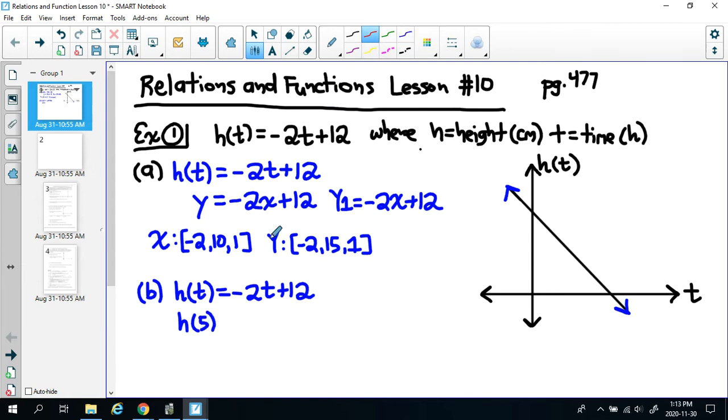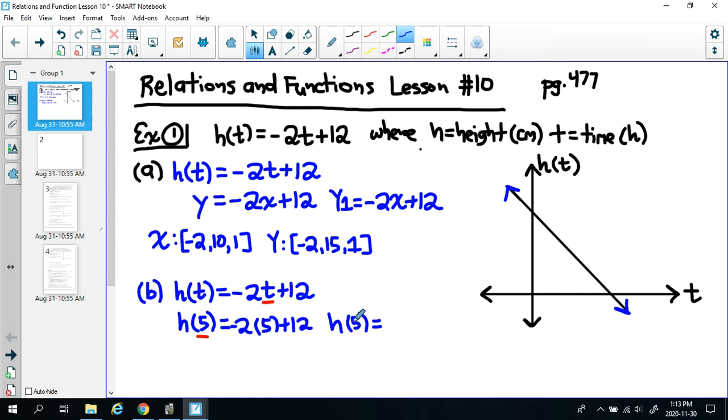So what h of 5 means is in the place of t, you're going to replace the t with a 5, and we're just going to evaluate this expression. So this would then be equal to -2 multiplied by 5 plus 12. Oh, there's a negative in front of here.